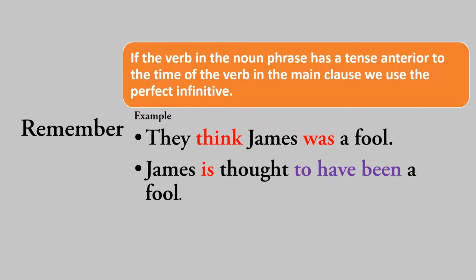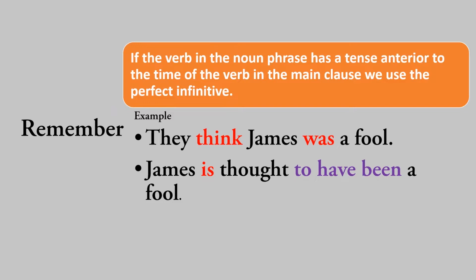That's past. We can't say James is thought to be a fool. Why? Because "is" is the simple present, and "to be" is also going to be the present. But look at the above: they think James was a fool.